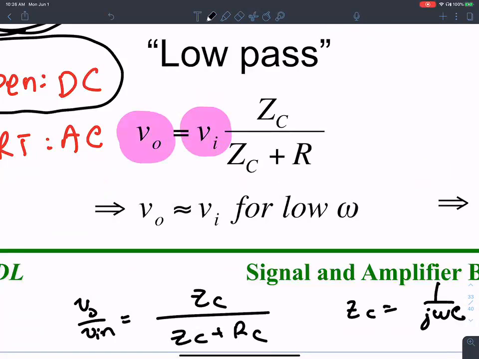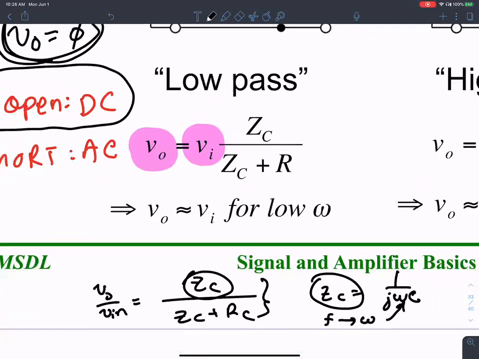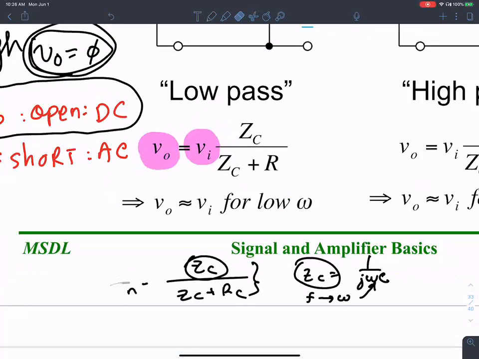So at a given particular frequency F, which translates to omega, you can calculate ZC, and you can calculate this total expression. Does that answer your question?